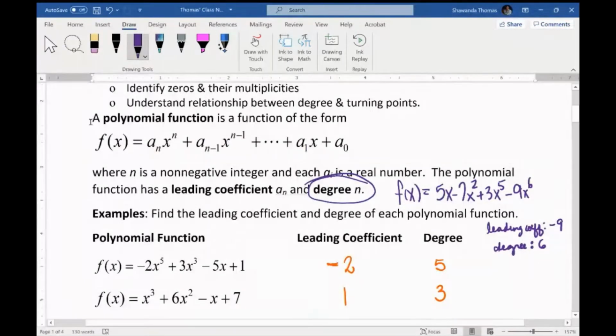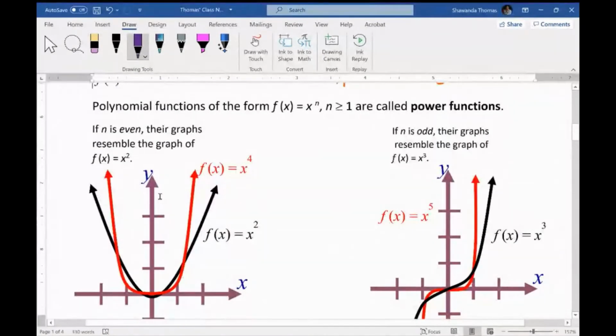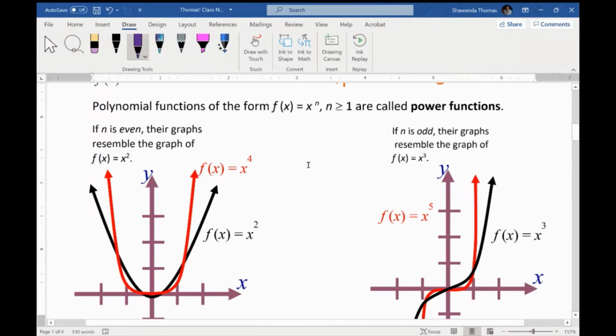So anytime I say n, I'm probably going to refer to degree. Kenna, you said the non-negative integer, okay. If somebody said exponent, partially true, but degree is the highest exponent.